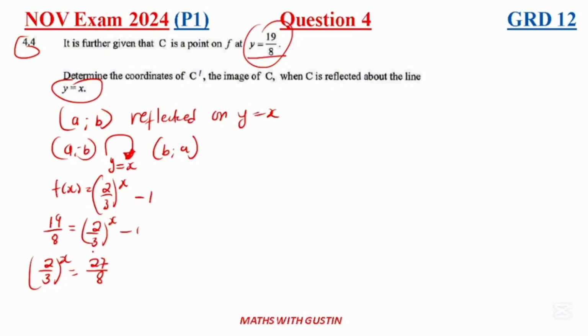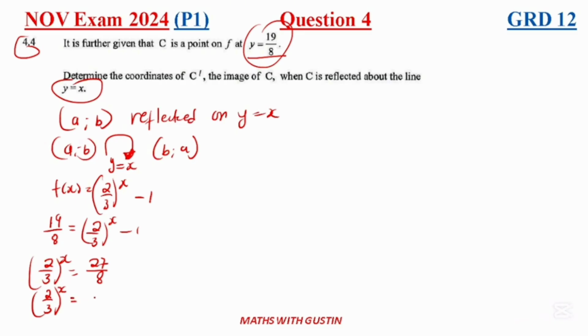So now with that, what can we do? We need to simplify further. In order for us to have the same base, this one is equal to what? Let me see.